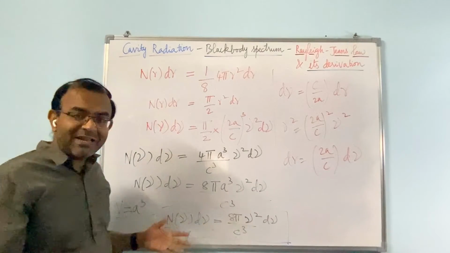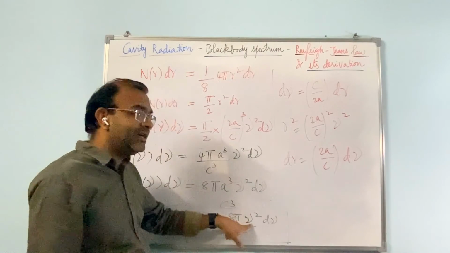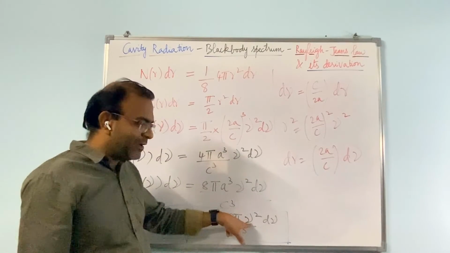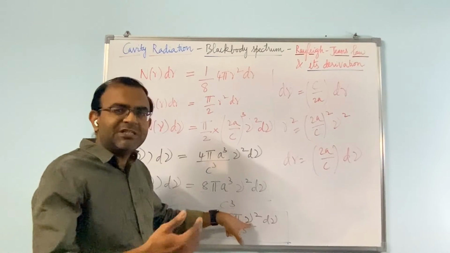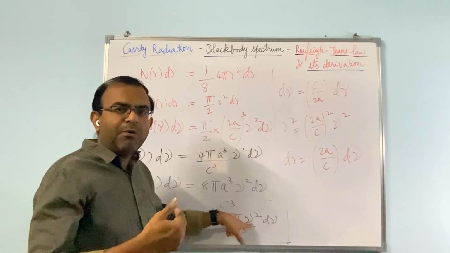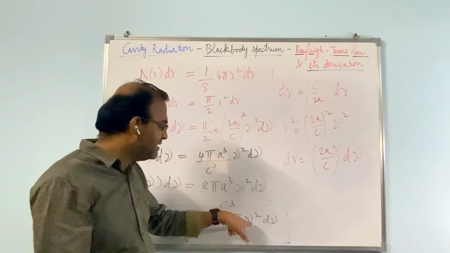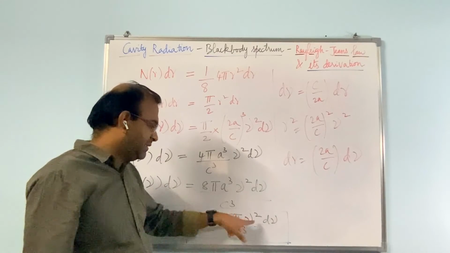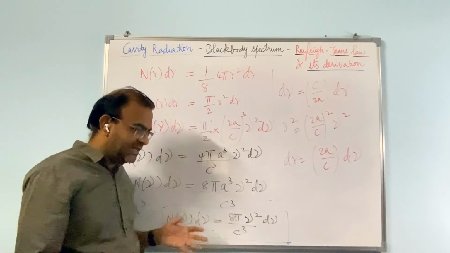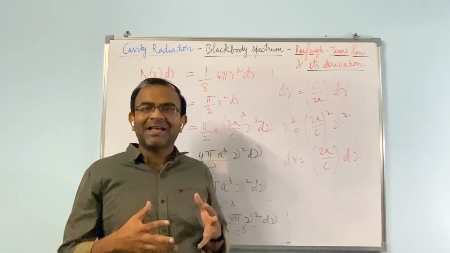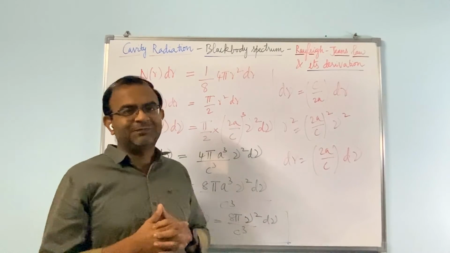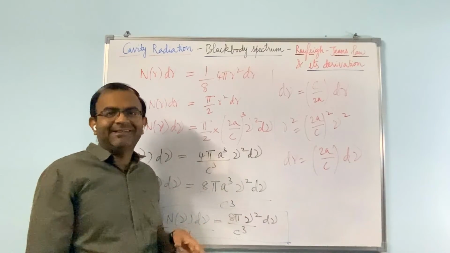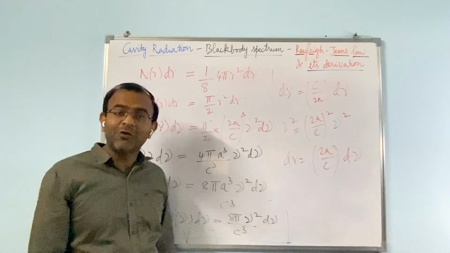Whereas in the three-dimensional case, which is the real case, it also depends on the frequency nu squared. That means the power of the frequency is one less than the number of dimensions. This has been generally assumed to be true. Because we live in a three-dimensional space, this happens to be nu squared, and that is interesting to note here.